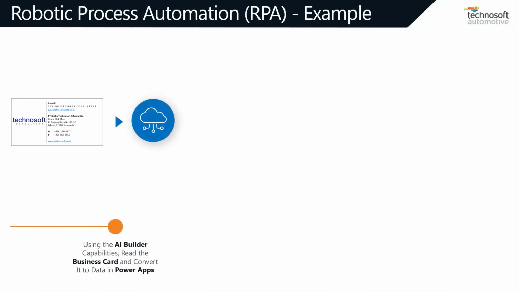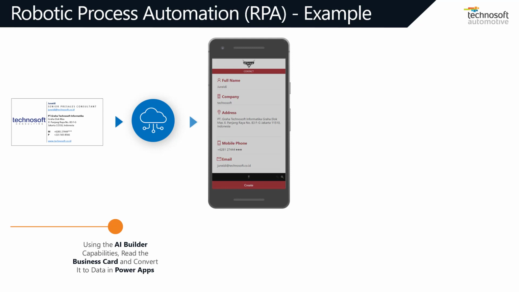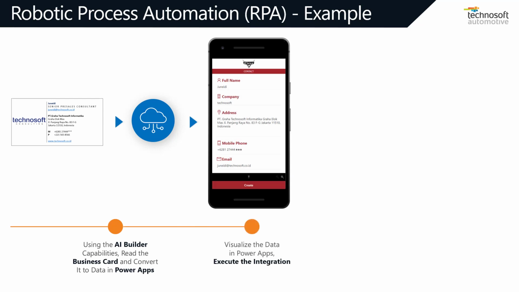Now I will show you the robotic process automation, or RPA, capability using the Power Automate UI flow. For this demo, we will run a scenario like this. It starts with the AI capability that we went through just now, using it to extract the data from the business card and then visualize it in Power Apps.